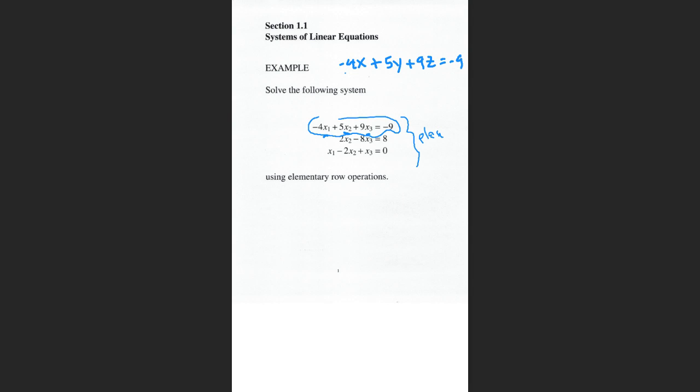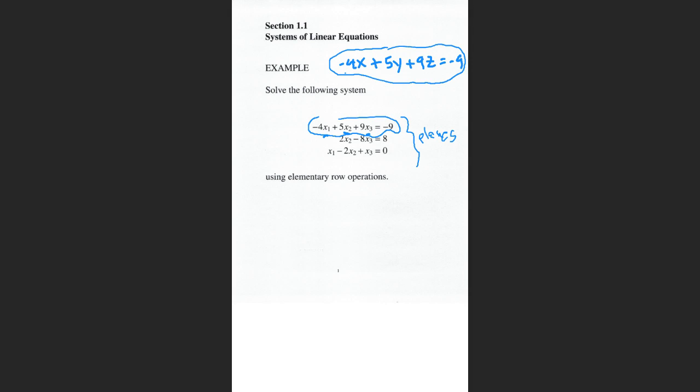How many remember, maybe in pre-calculus or an earlier class, seeing equations like negative 4x plus 5y plus 9z equals negative 9 and saying, oh yeah, that's a plane? How many have seen that? 2 variables gives you a line, 3 variables gives you a plane. That's something I would have hoped you would have seen somewhere along the way.